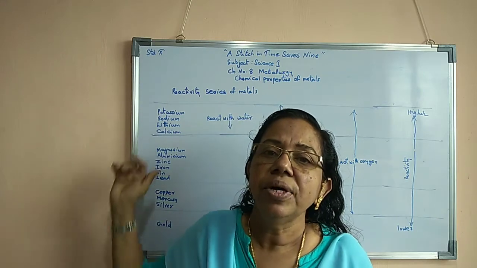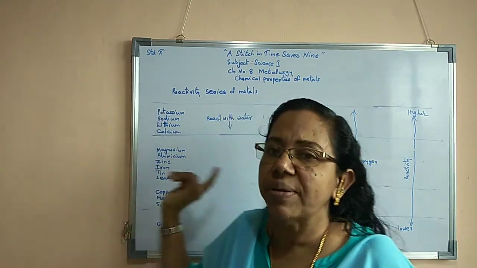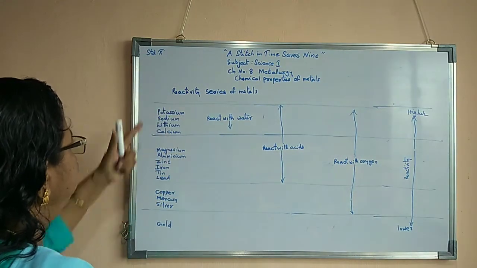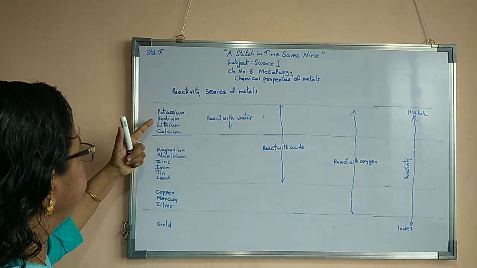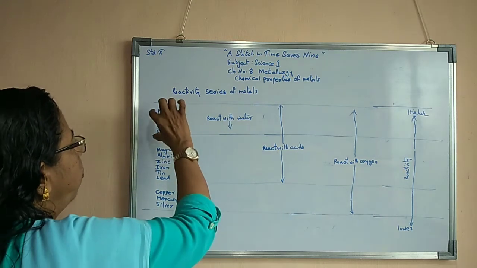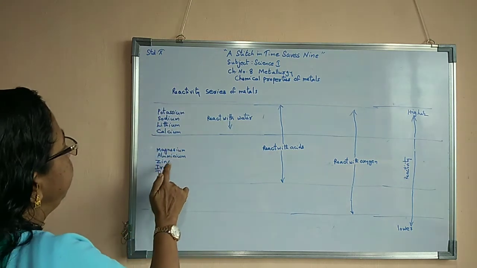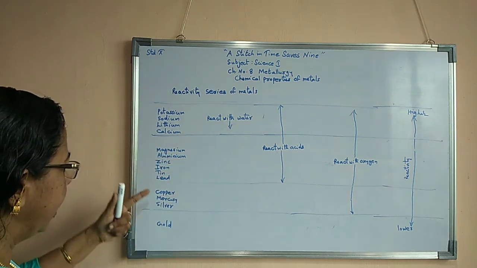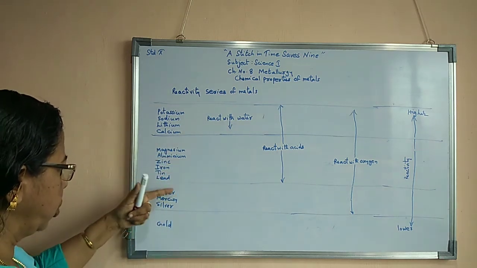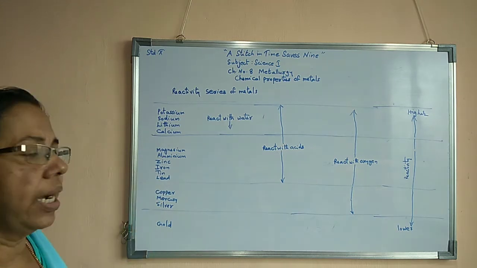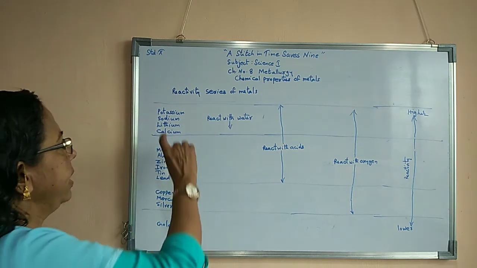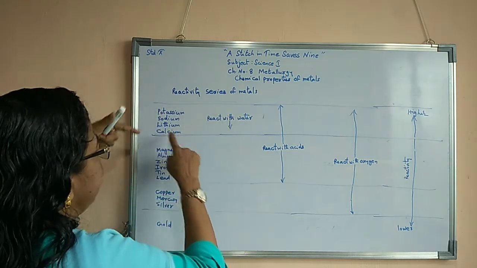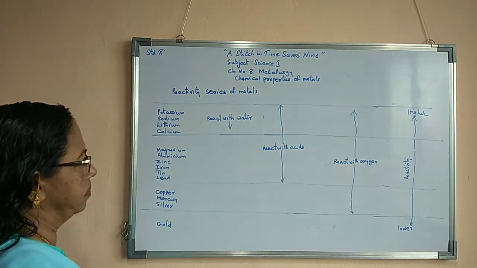Let us study now this reactivity series from this table. Here now there are different elements shown. Potassium, sodium, lithium, calcium show one character. Magnesium, aluminium, zinc, iron, tin as well as lead show one character. Copper, mercury, silver show one character. Gold shows another character. Now we will see here this first level of elements, they react with water.